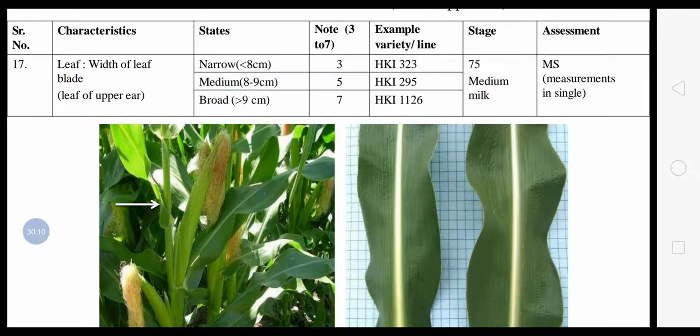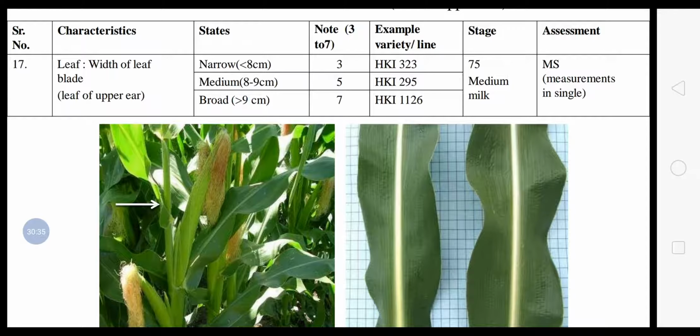The 17th characteristic is leaf, that is the width of the leaf blade. The leaf which is appearing on the upper ear is taken to study this character. Narrow, medium and broad are the three stages. Narrow is less than 8 centimeter, scored as 3, and example is HKI 323.